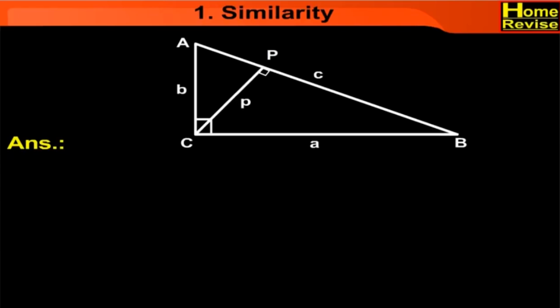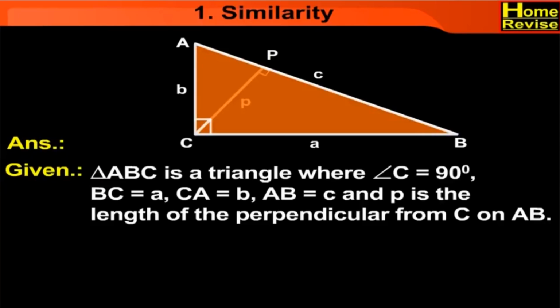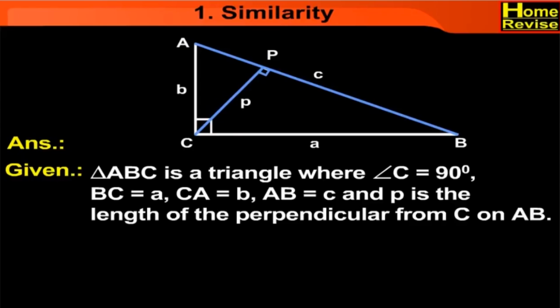Answer. Given: triangle ABC is a triangle in which angle C is equal to 90 degrees, BC is equal to a, CA is equal to b, AB is equal to c, and p is the length of perpendicular from C on AB.